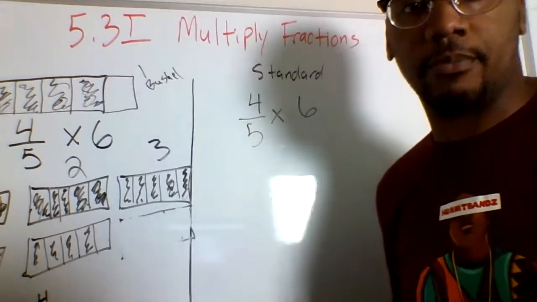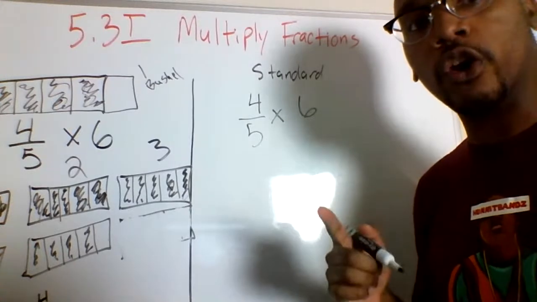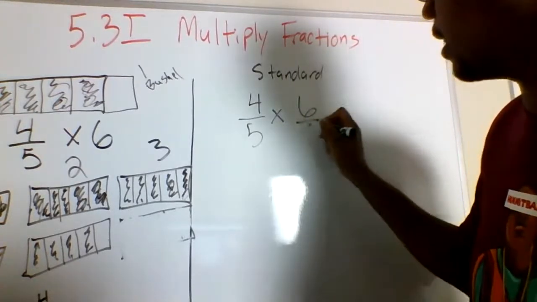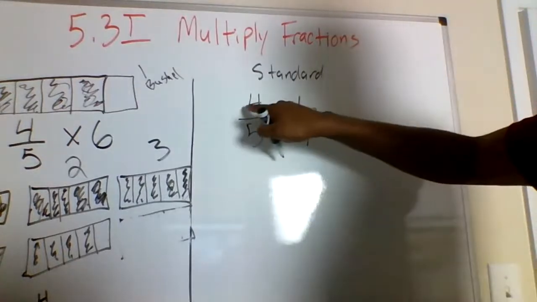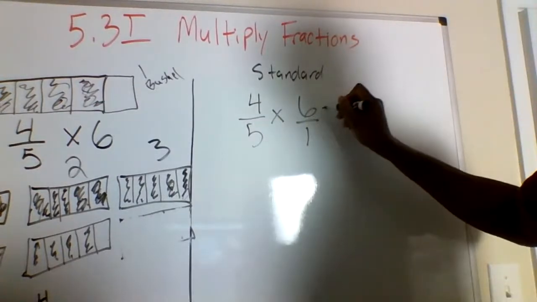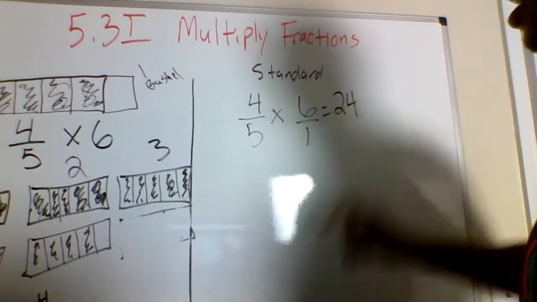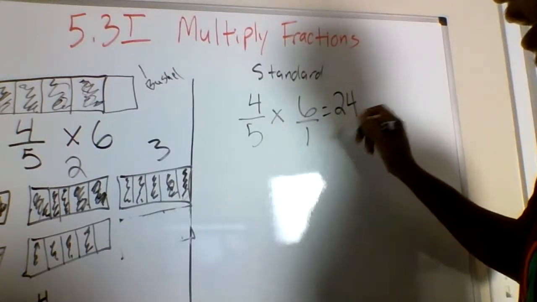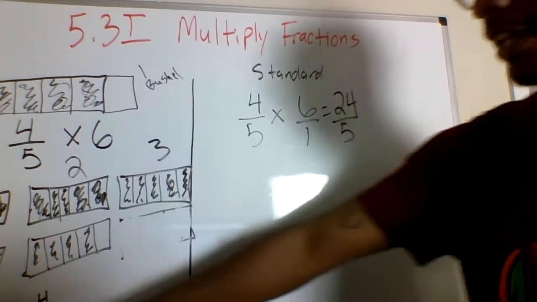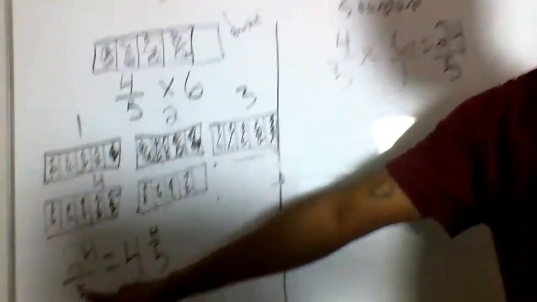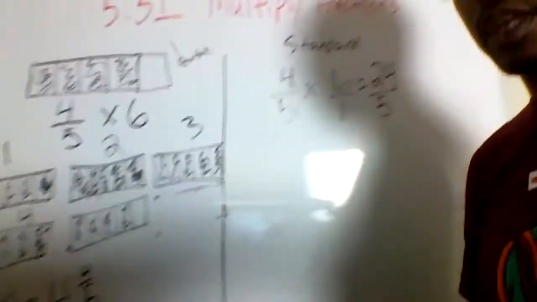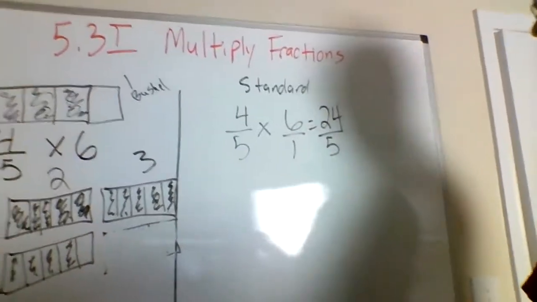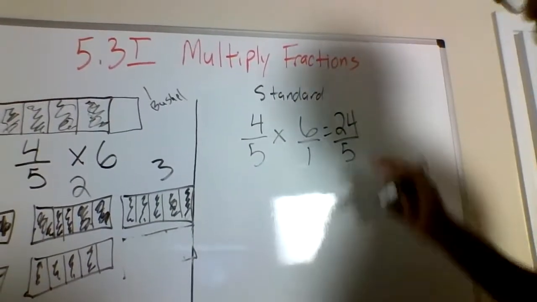Right now, it's a whole number. Whenever you want to turn a whole number into a fraction, just put a 1 at the bottom. All right? Now, 4 times 6 is 24, and 5 times 1 at the bottom is 5. That's how you got 24 fifths, right?